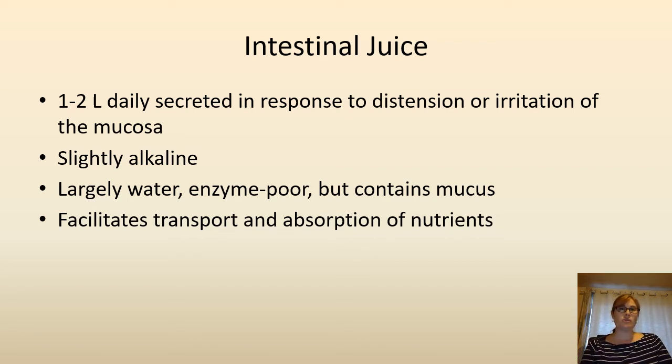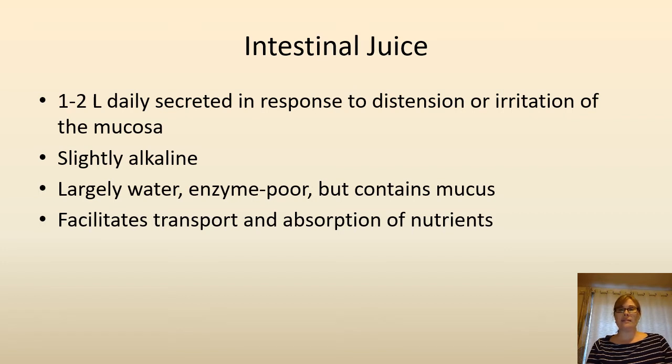So intestinal juice is slightly alkaline. Remember that alkaline is more basic. It's the larger numbers on the pH scale, and we said that the stomach and the chyme coming out of the stomach was acidic because hydrochloric acid has a pH of 0, 1, 2.